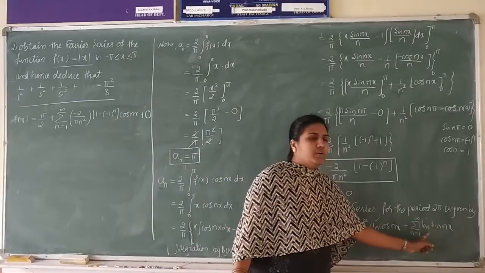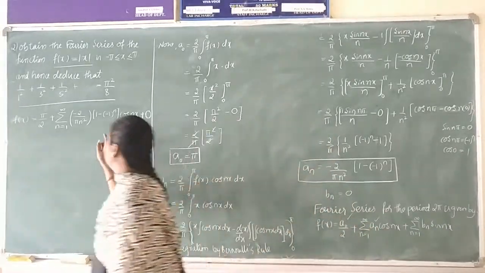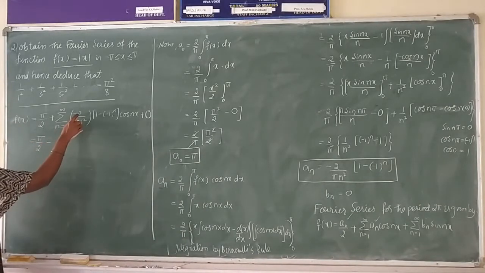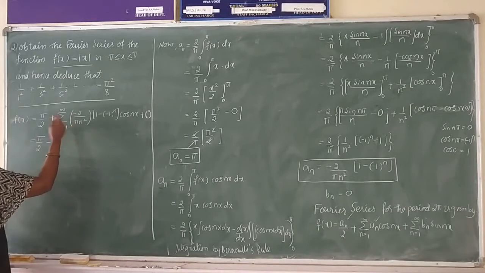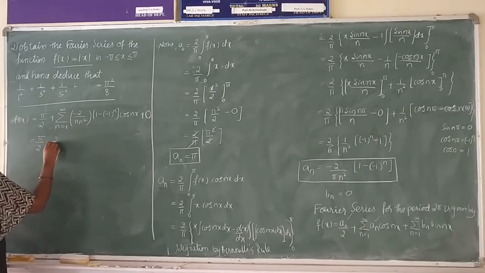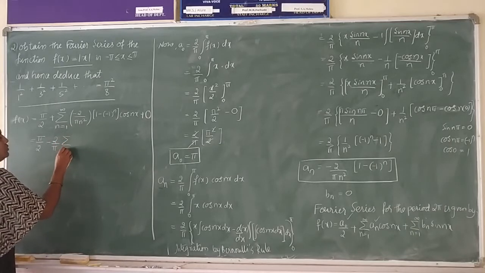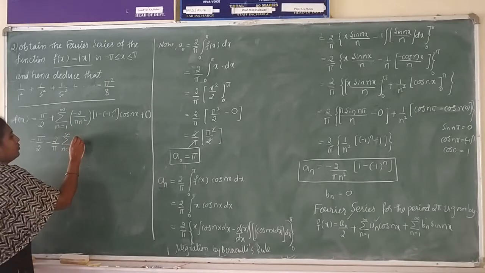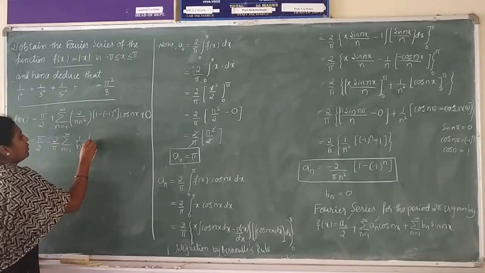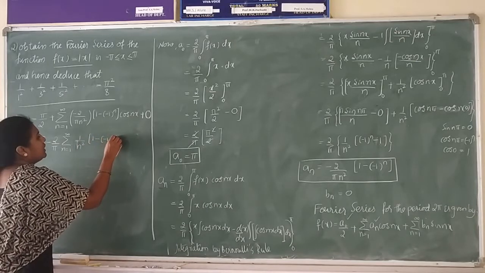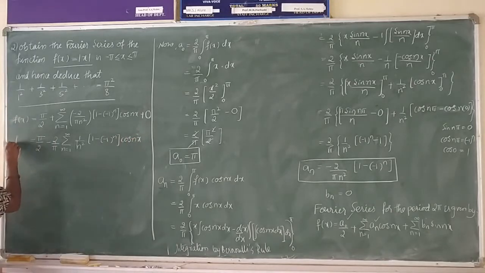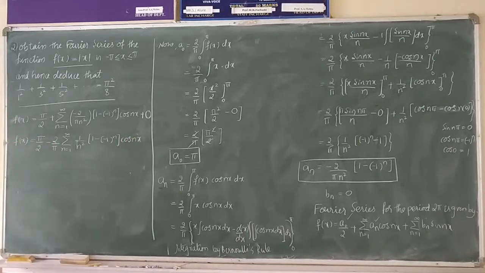Therefore, this whole term becomes 0. Now, this is the required Fourier series, that is pi by 2. Now I am just taking minus 2 by pi outside the summation, minus 2 by pi, summation n equals 1 to infinity, 1 by n square 1 minus of minus 1 raised to n cos nx. This is the required Fourier series for the function mod x.